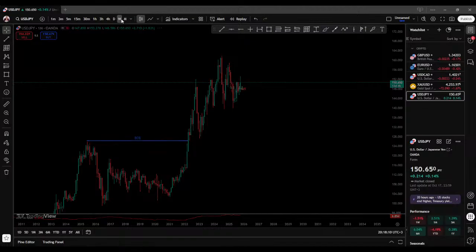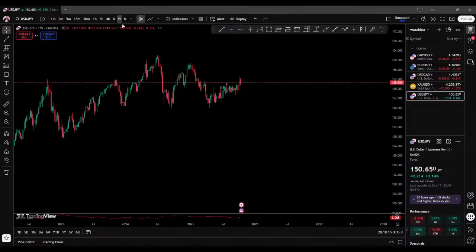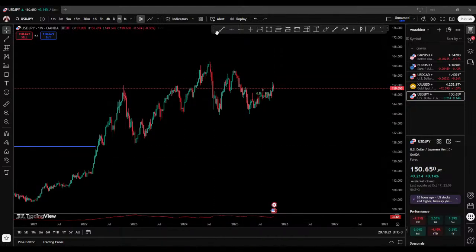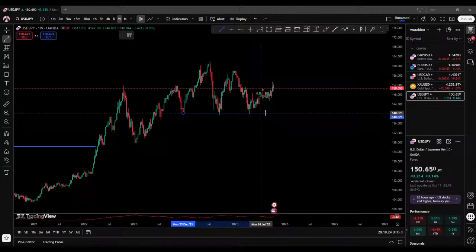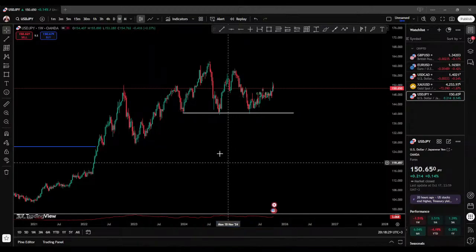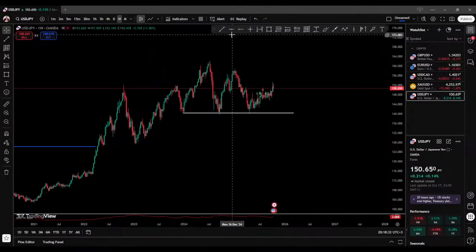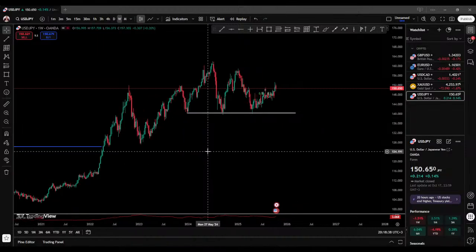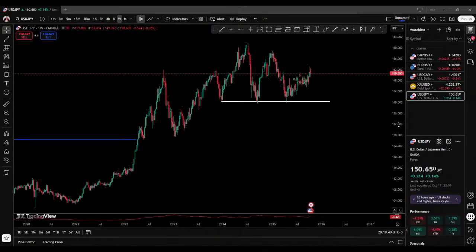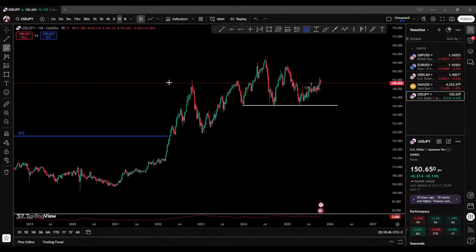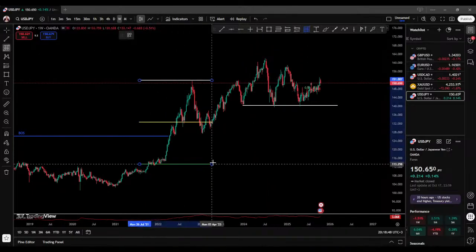What about weekly? Let's see what is happening. Weekly we are still buying, but look at this. All this is inducement and it will be taken out because you're supposed to take your gun box from that point to this point.